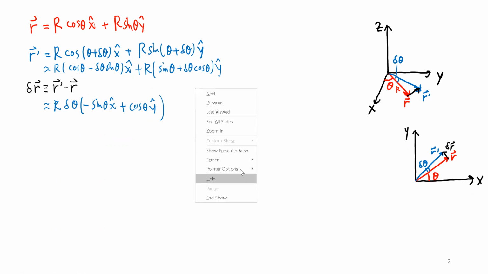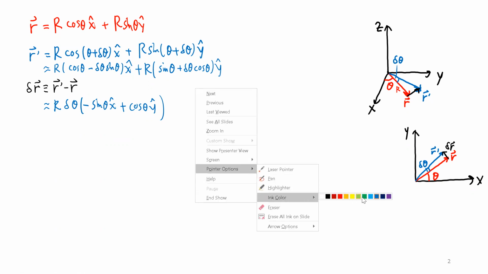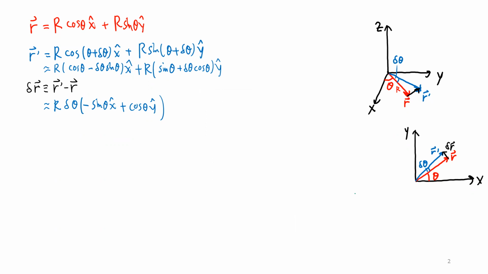That's 0. So this delta R is perpendicular to R. And also from the formula, the magnitude of this delta R is given by big R times delta theta.